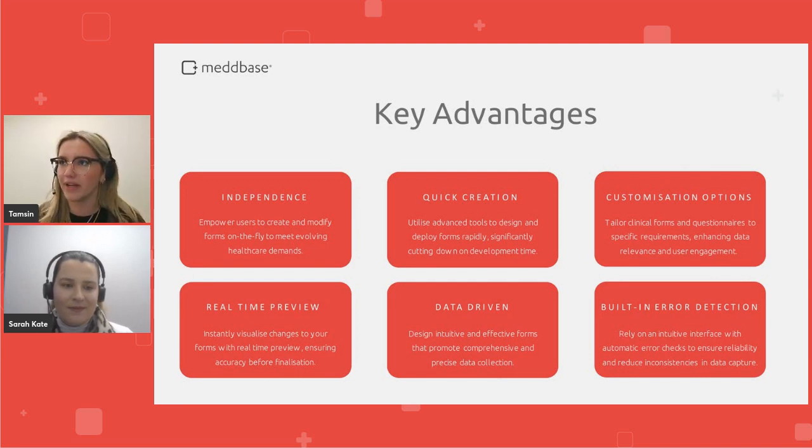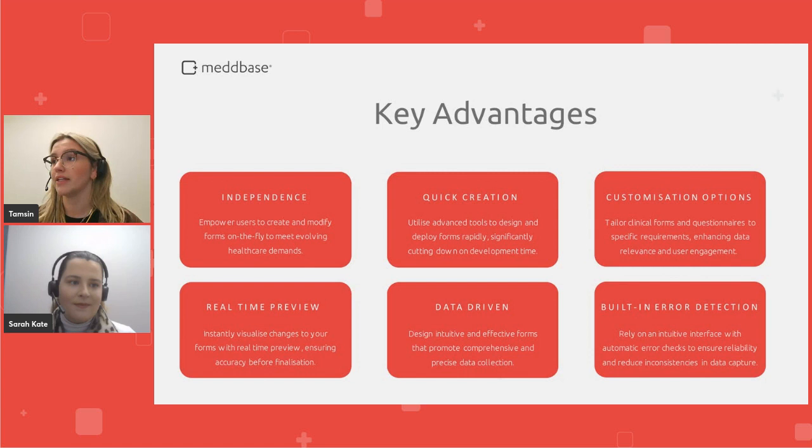Now let's talk about what the advantages actually are. We've talked a lot about it, but you may not have seen it, you may not even know what it is. That's what we'll be going over soon when you'll see it live. But before then, I just want you to think about these advantages and remember them when we go over the demo. The main part is independence. It's to give you the baton now to create your own forms on your own terms and on the fly.